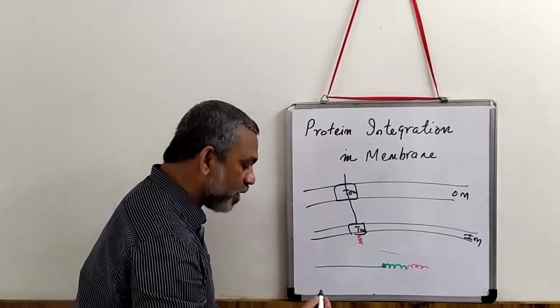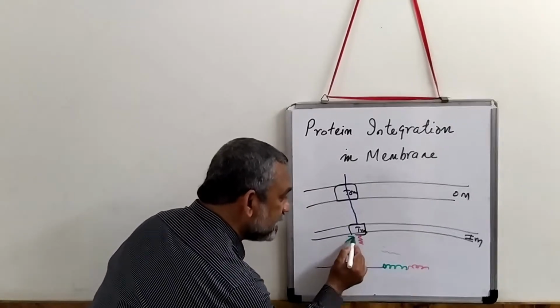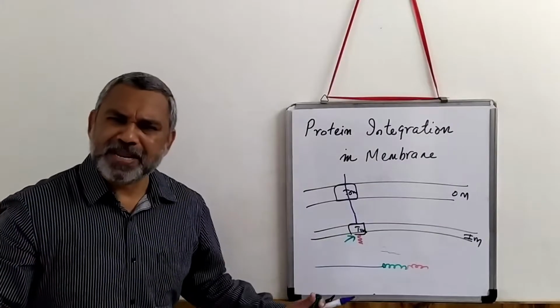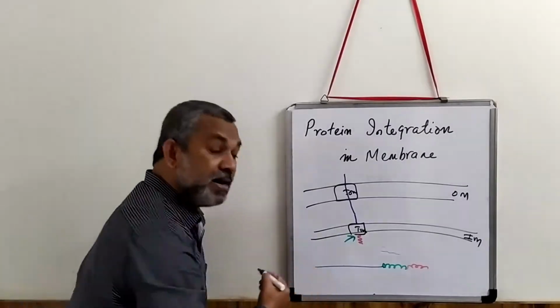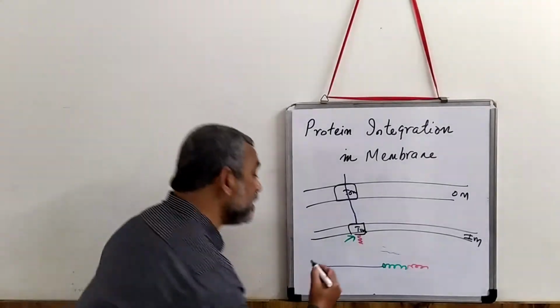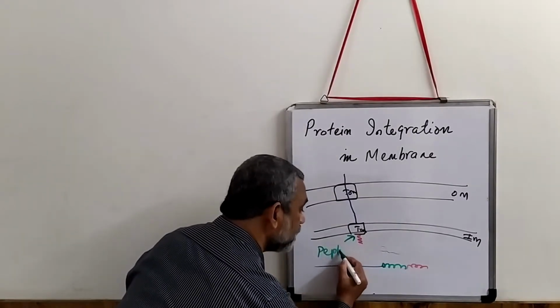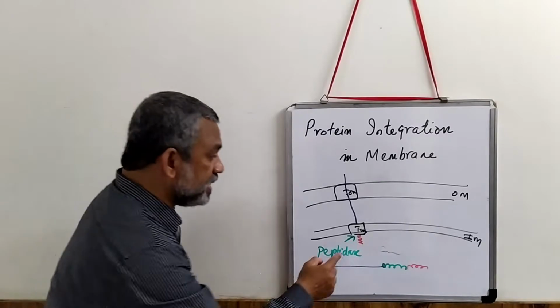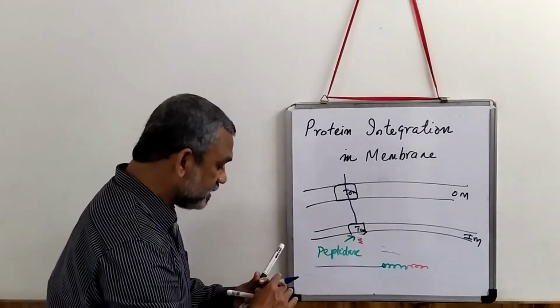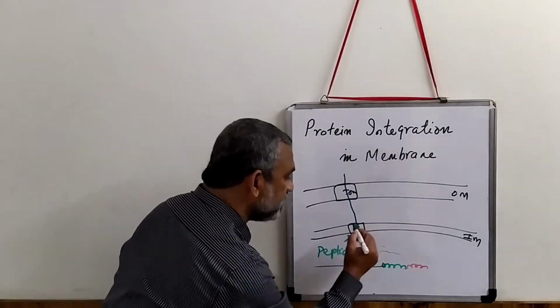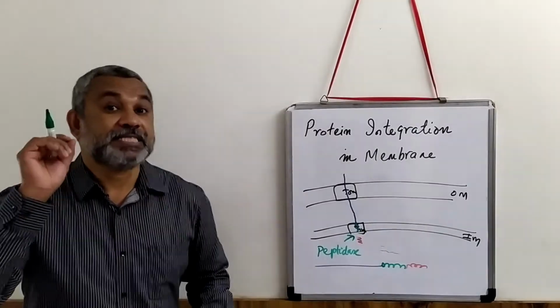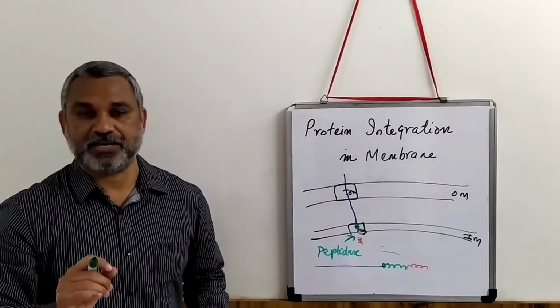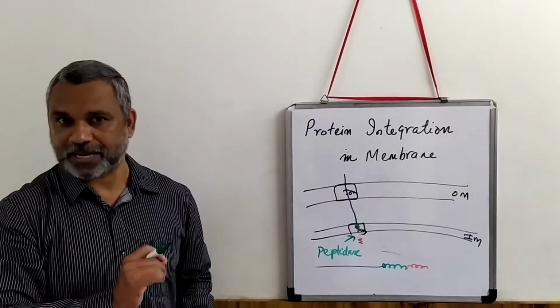What is likely to happen is, this red signal is normally removed by a mitochondrial signal peptidase. Once it removes the red signal, you now have the green signal, that is the signal for integration, where it has to be incorporated.